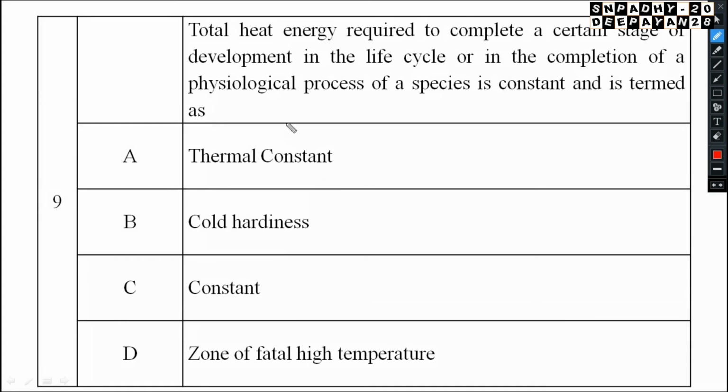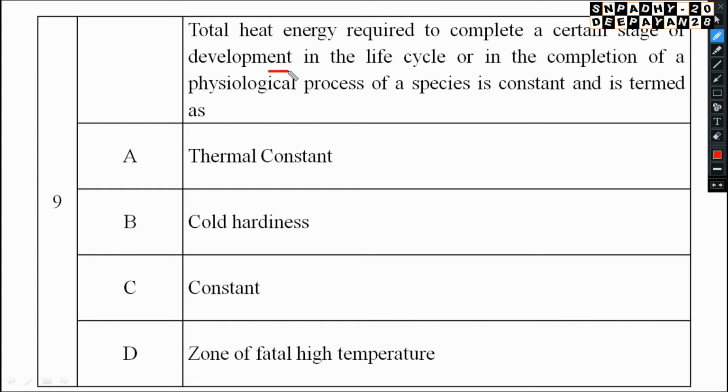Then one more terminology: the total heat energy required to complete a certain stage of development or a specific physiological process. What is the term?